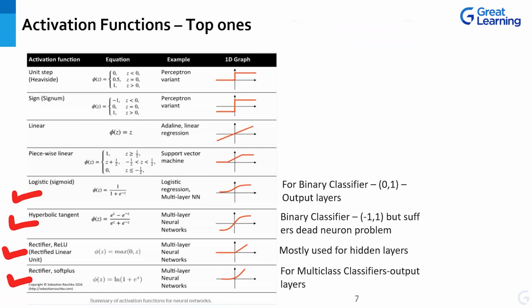You can also apply softmax on a binary classification problem, but we already have sigmoid available. So mainly softmax is used whenever we face a multi-class classification problem, when we have more than two classes.